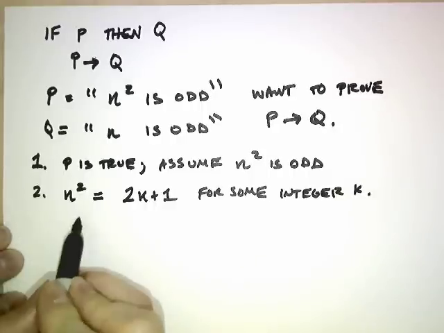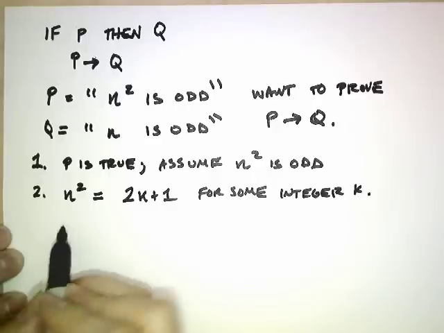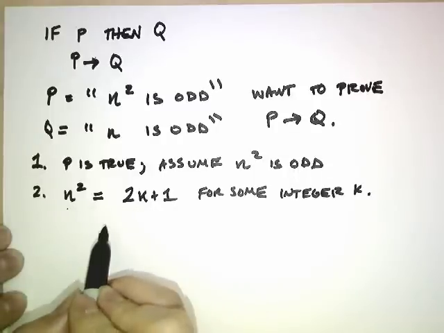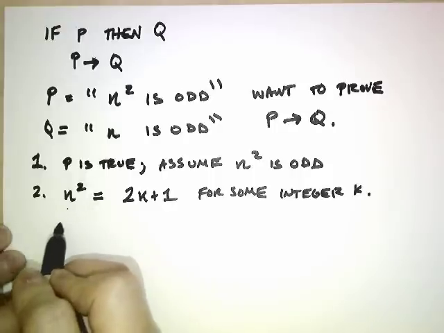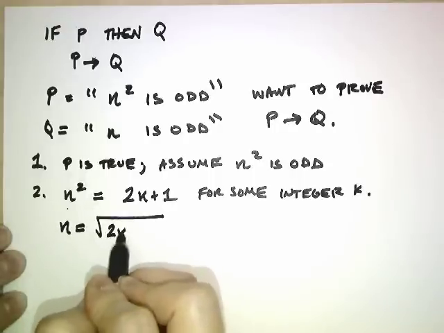Now we need to show that n is odd. Well, it becomes sort of difficult to conclude at this point. I know that n squared equals 2k plus 1, so I guess I know that n equals the square root of 2k plus 1.